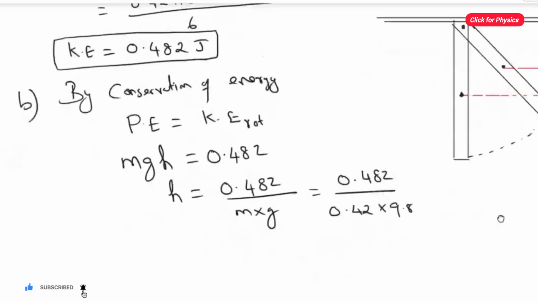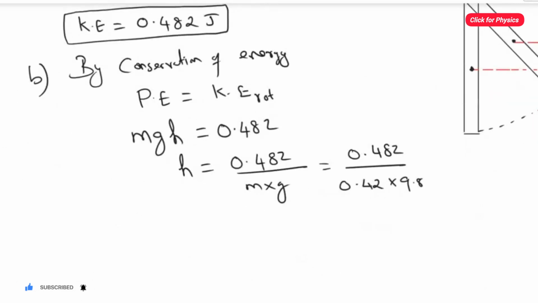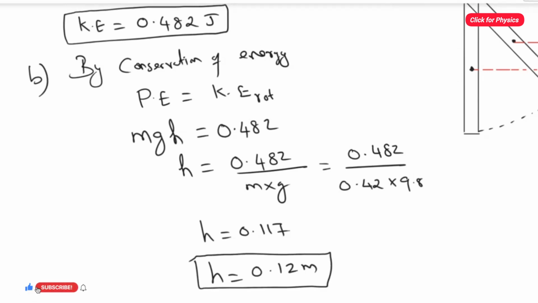Let's see what's the value. Here I got the answer as 0.117. So I can round it to two digits. So h is equal to 0.12 meter. So this is the answer for the second part. That's it. Thank you.